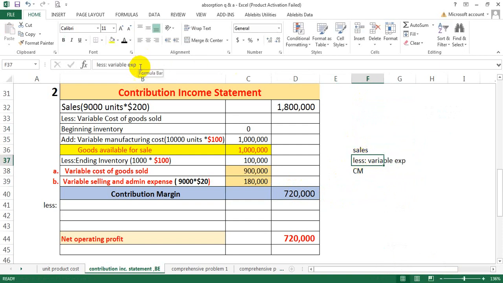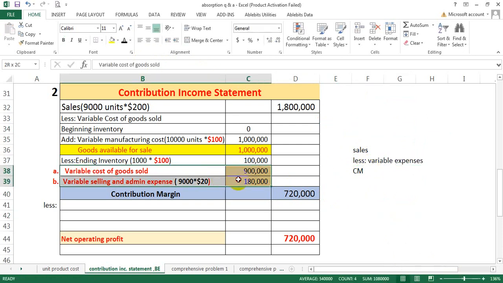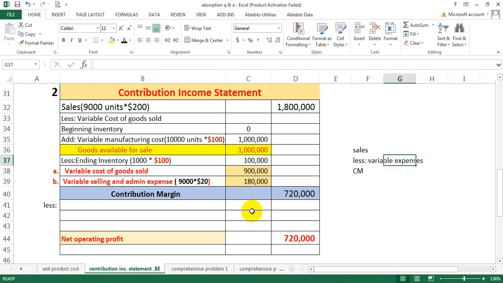Here we have two types of variable expenses. One is variable cost of goods sold and another one is variable selling and admin, right? So after deducting all variable expenses, I got the contribution margin, right?